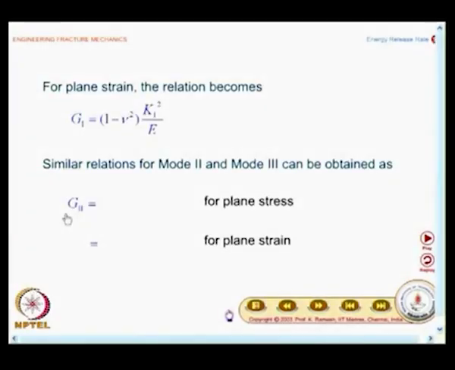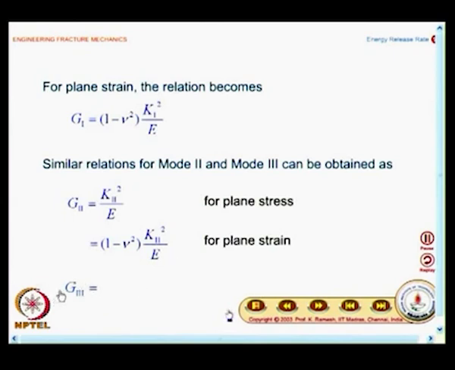So, we have to find out the interrelationship between G2 and K2, G3 and K3. For the case of mode 2 in plane stress, the expression turns out to be K2 squared by E, very similar to mode 1. For the case of plane strain, this turns out to be 1 minus nu squared K2 squared by E, again same as mode 1.